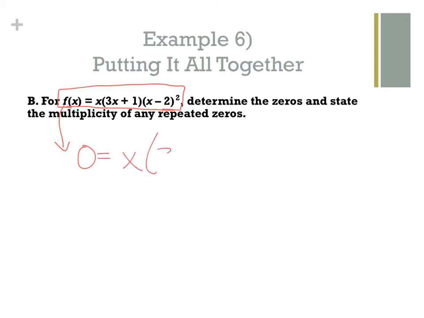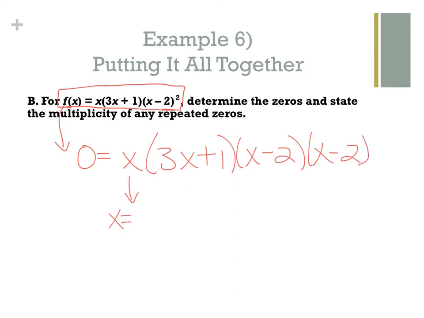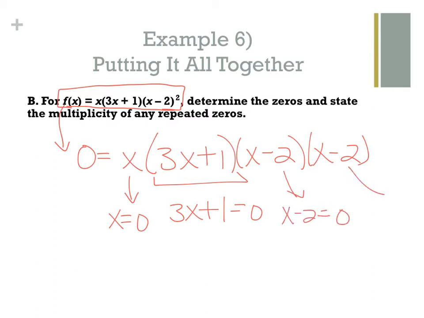So we have x times 3x plus 1 times x minus 2 times x minus 2. If I want to find all my zeros, I get x equals 0, 3x plus 1 equals 0, x minus 2 equals 0, and x minus 2 equals 0.